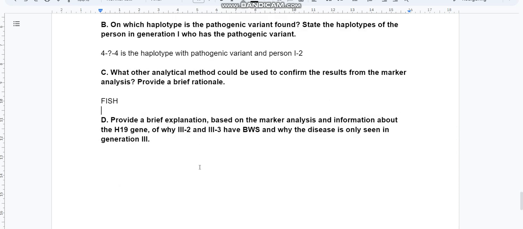Now they're asking you to provide a brief explanation based on the marker analysis information about the H19 gene of why 3.2 and 3.3 have the disease and why the disease is only seen in generation 3. This I'm not going to talk too much about, guys. Try to find the answer yourselves, but this has all to do with methylation, right?